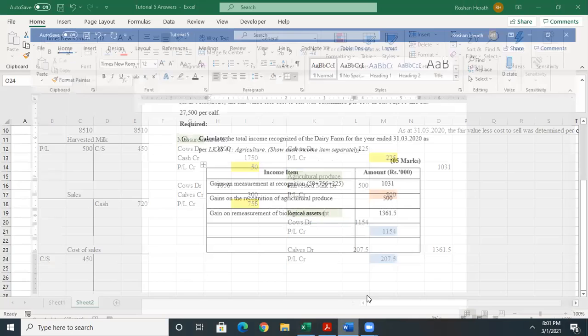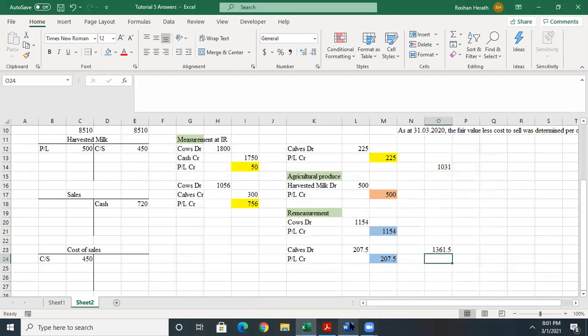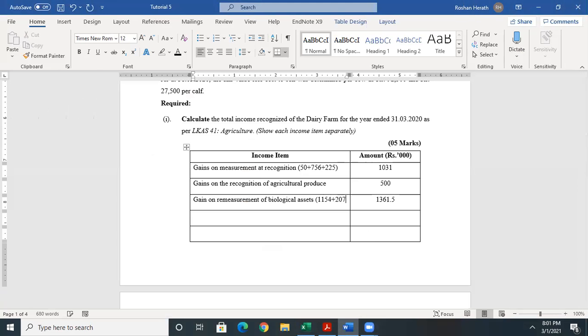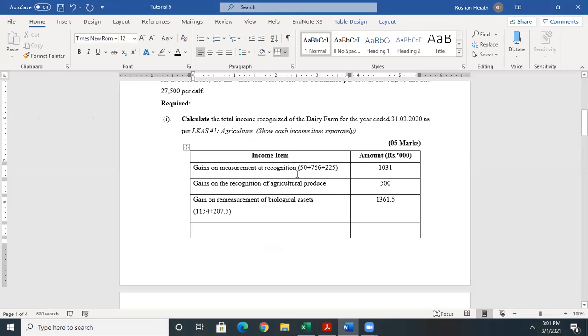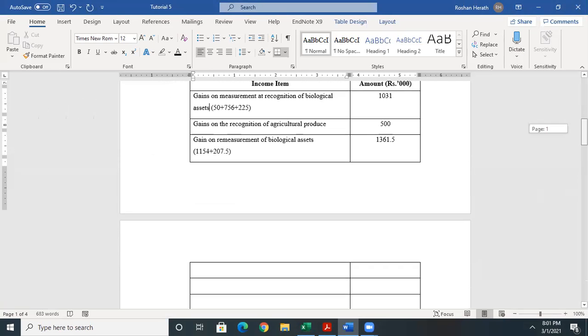From both categories, it contributed to the ultimate gain. Biological assets. Right, so that is the third category of income.